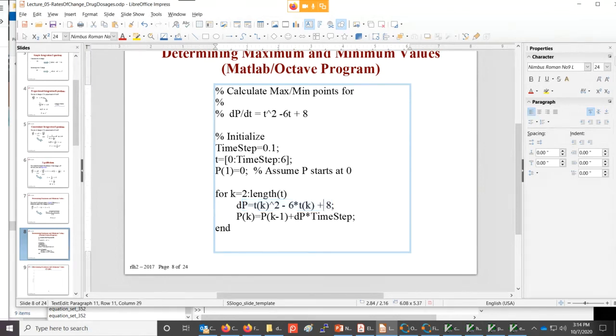Okay, so here is our for loop, kind of like what we did before, but the difference with the Super Bowl example is that we knew the derivative for all time. All right, so we knew the derivative ahead of time in the examples we've done before. But now inside of our for loop, we're going to find the next derivative.